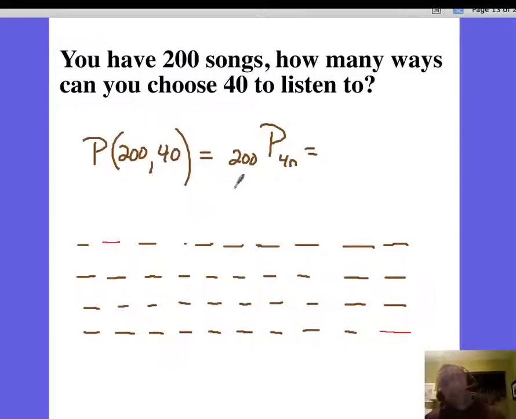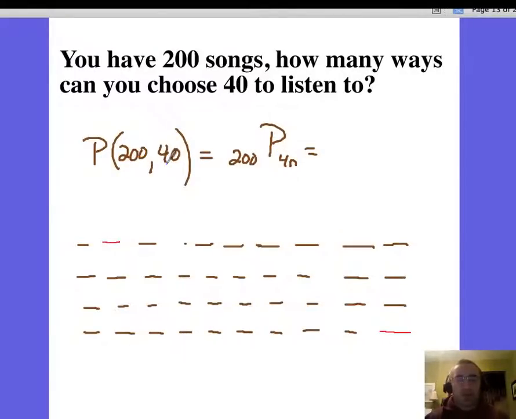Now, let's get some bigger numbers, and let's say we have 200 songs to listen to. Notice, songs, not CDs. So now we got iTunes, and we want to choose 40 to listen to.